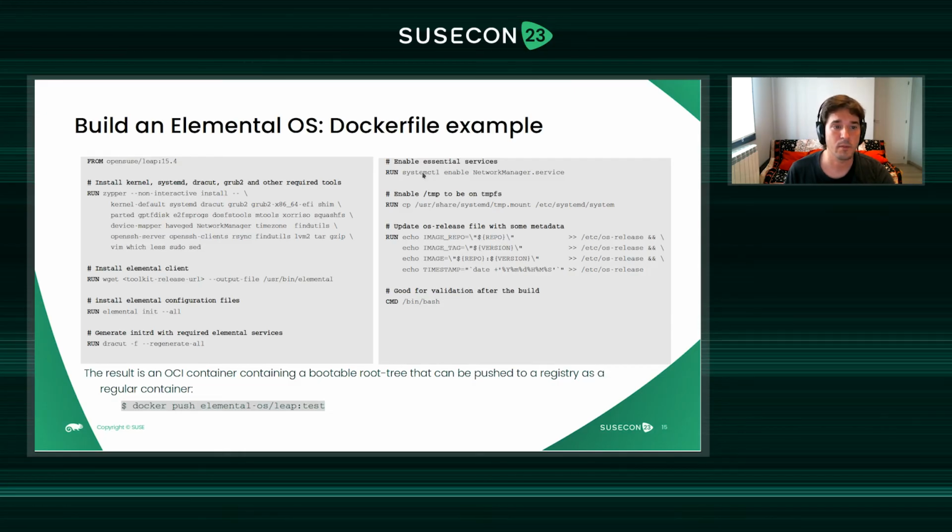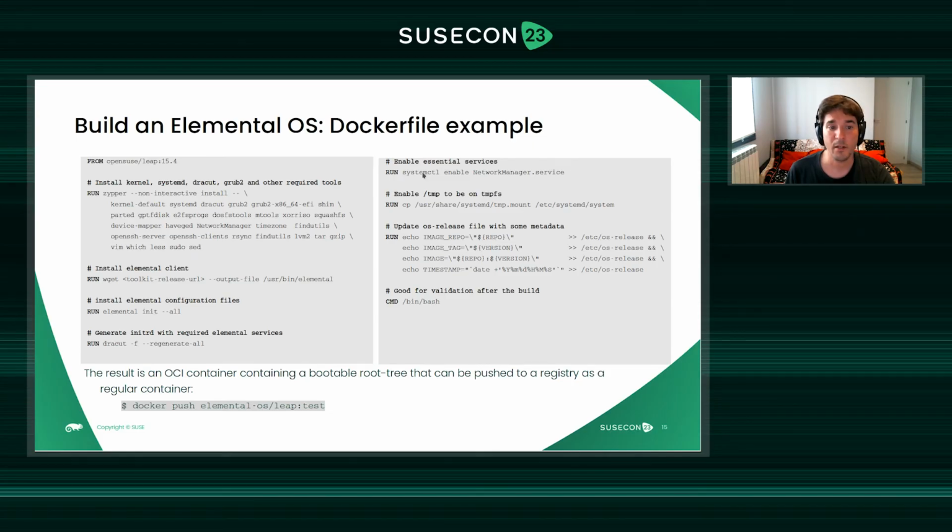So systemctl enable NetworkManager service, and we also want to have the /tmp path to be ephemeral and to be on top of tmpfs. This is already common in many distributions. So we just add and include the expected mount systemd unit.